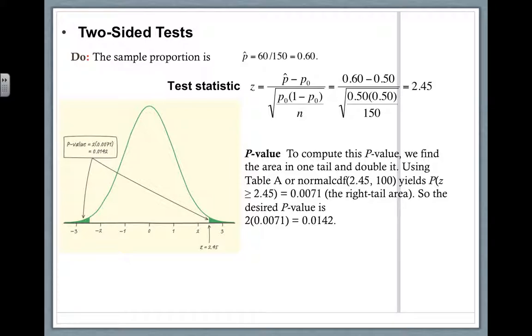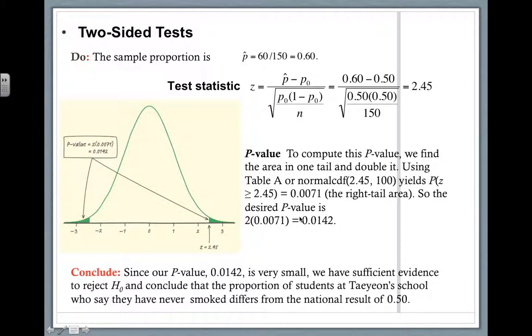So for a p-value, it's a little bit different because for a p-value, you're actually looking for almost like two parts of it here. Your alternative hypothesis was a two-sided test. So because it's two-sided, it's not just less than or greater than, but it's both.